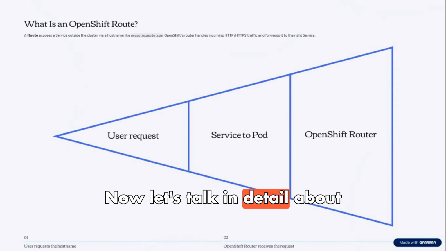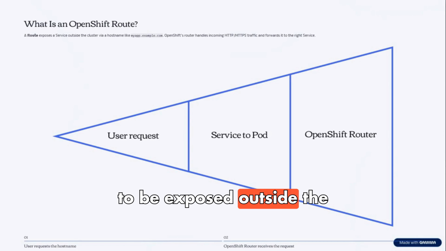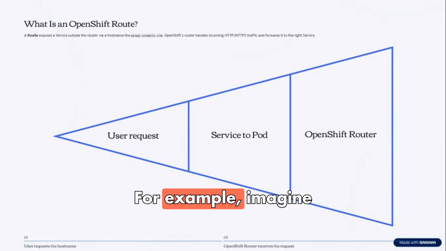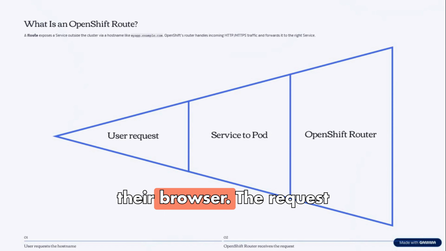Now let's talk in detail about the OpenShift route. So what exactly is an OpenShift route? An OpenShift route allows a service to be exposed outside the OpenShift environment through a host name. For example, imagine our application is available at myapp.example.com. A user enters that host name in their browser.